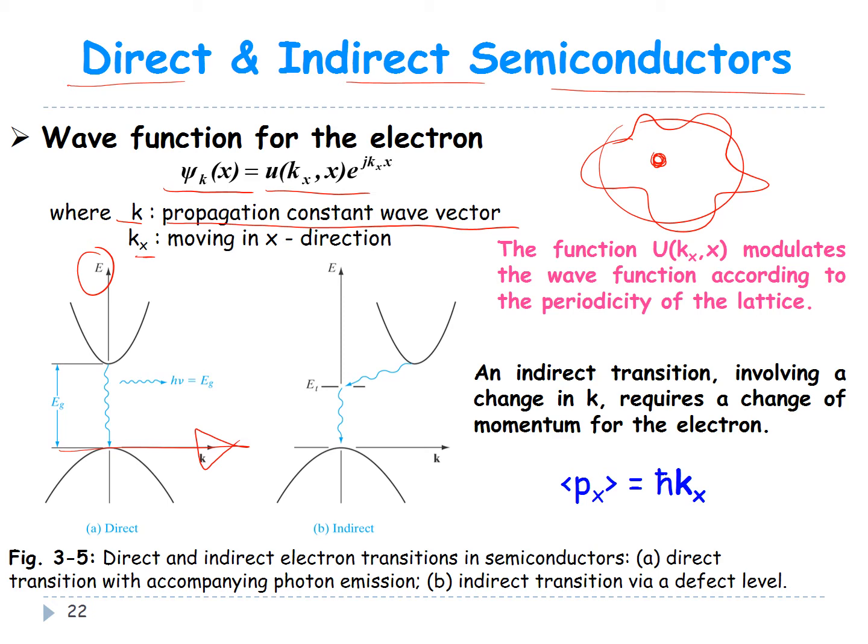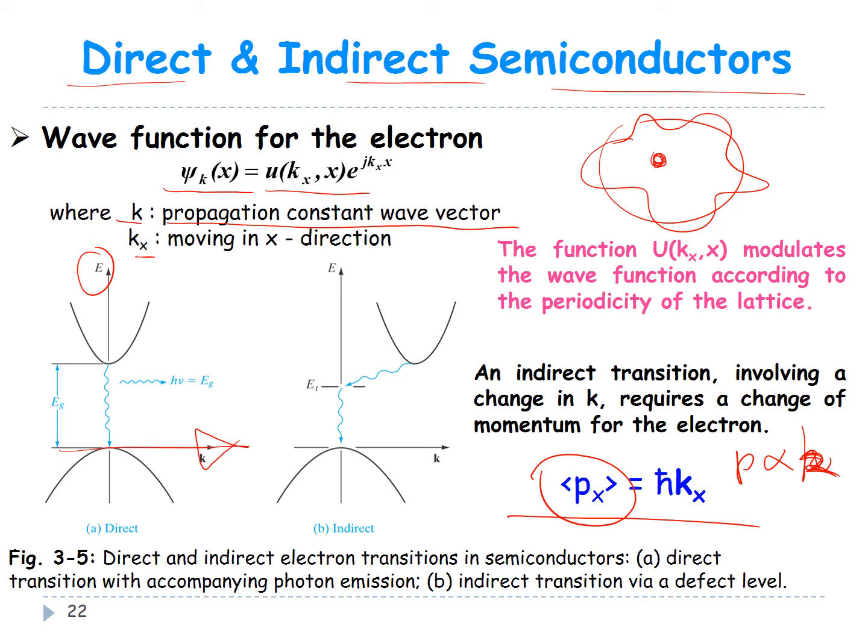Now, what's important to note here is that this propagation constant wave vector K can be shown to be proportional to the momentum through this relationship here. So what it means is that this EK diagram is actually equivalent to an E-momentum diagram.